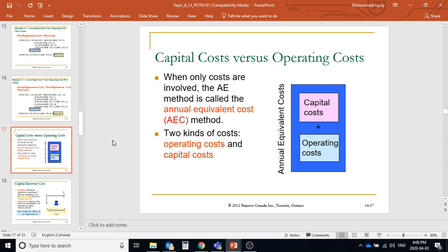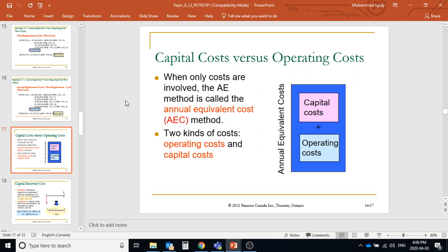Now we'll learn about capital cost recovery, and capital cost versus operating cost. Which one is the capital cost, and which one is the operating cost? I'm sure I have already discussed the capital cost and the operating cost. Capital cost we can also say is a kind of fixed cost.